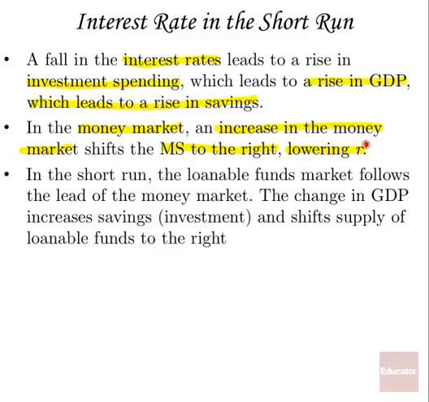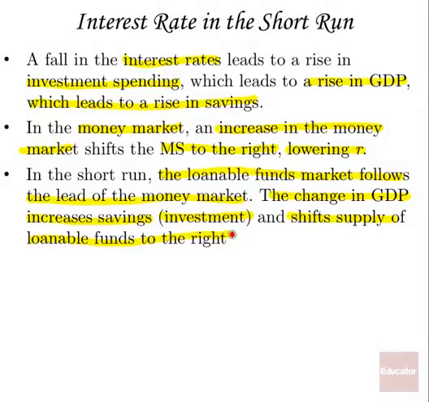So in the short run, how's that going to affect the loanable funds market? In the short run, the loanable funds market follows the lead of this money market here. So this change in GDP is going to increase savings because people are now going to invest more as a result. And it's going to shift the supply of loanable funds to the right. Because remember, people aren't going to consume all of it. There's going to be some that's saved.